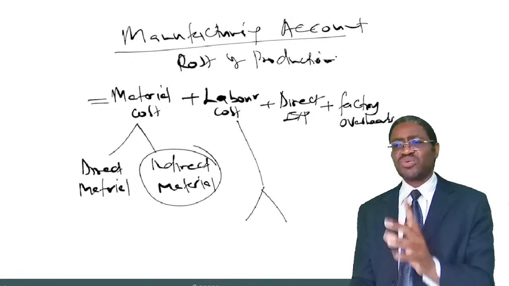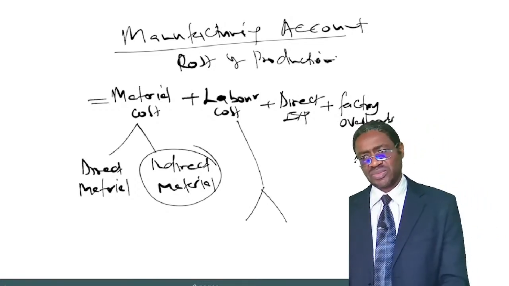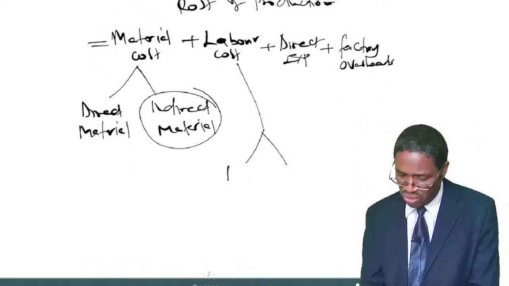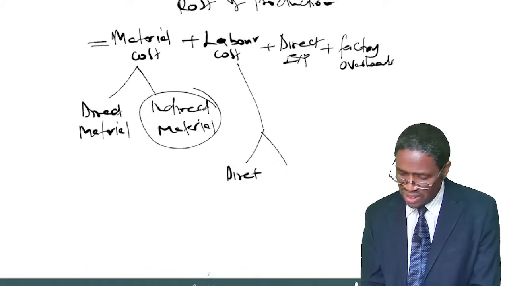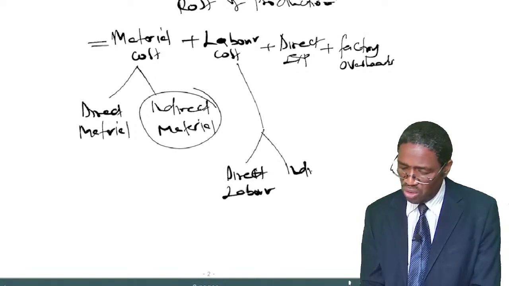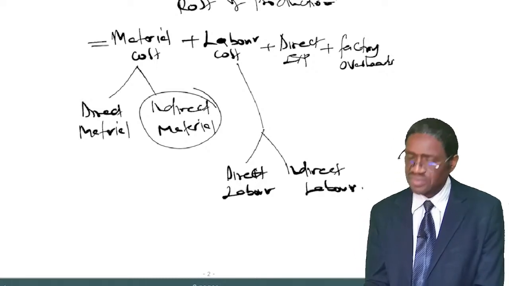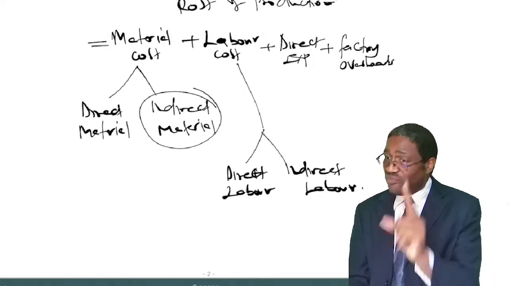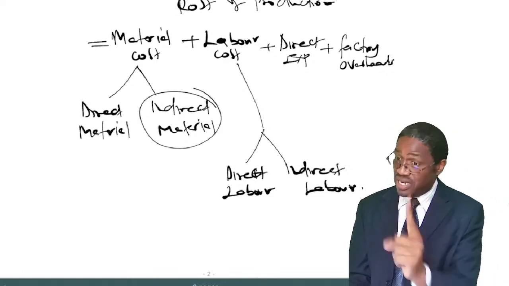Again, there are two types of labor cost. There is what we call direct labor cost, direct labor, and there is also what we call indirect labor. Indirect labor. Now listen. We have already discussed what we call direct labor.